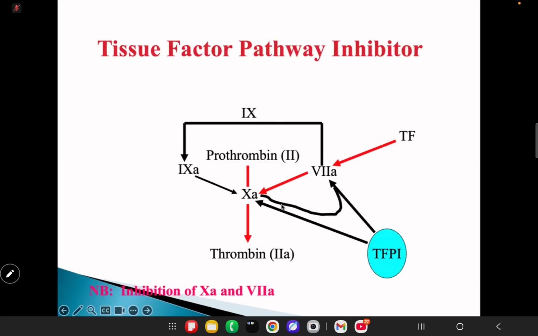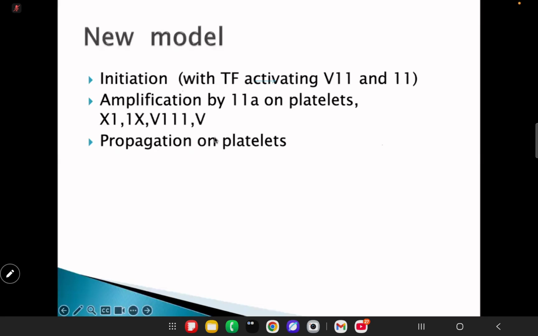Then propagation: the process on the platelets that were formed will be carried forward in the same manner. So that's the cell-based model. Now there are pictures, just go and see these pictures.